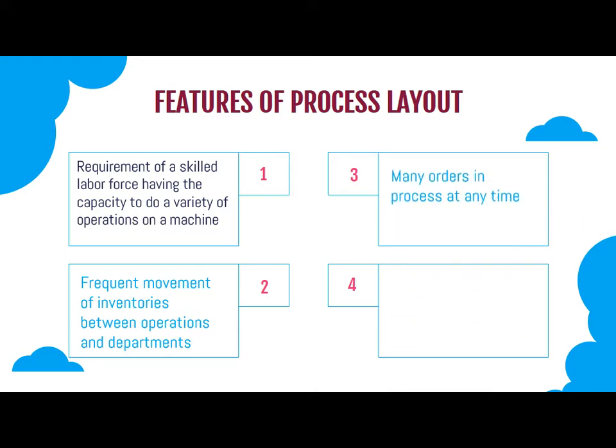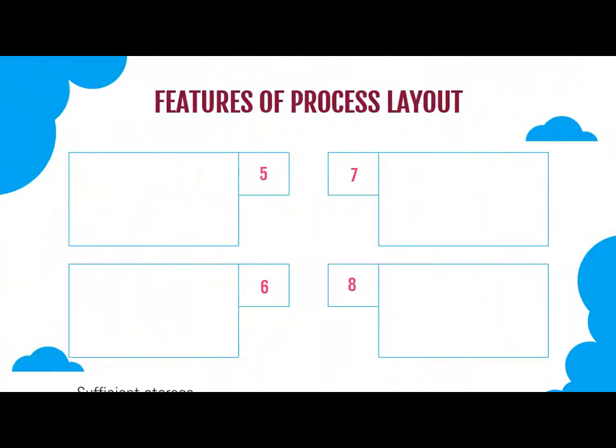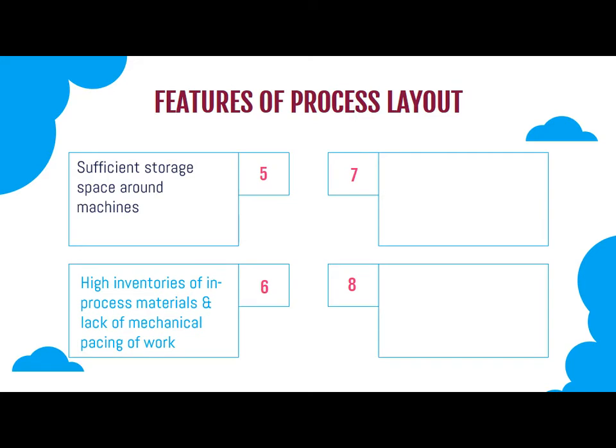Many orders in process at any time, and extensive space for storage in departments for unprocessed inventories. These are the features of process layout. We will continue with the features. Sufficient storage space around the machines, high inventories of in-process materials, and lack of mechanical pacing of work.